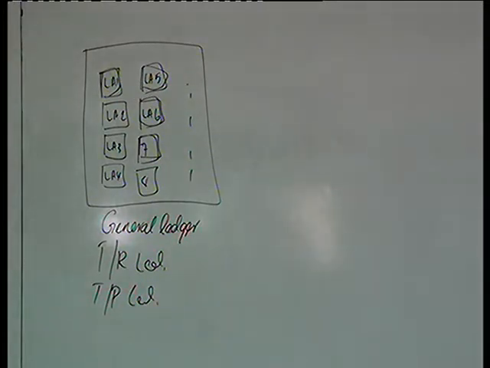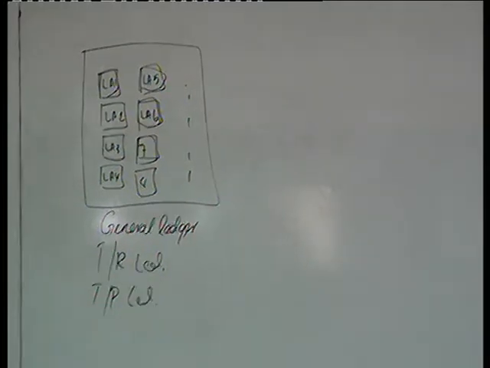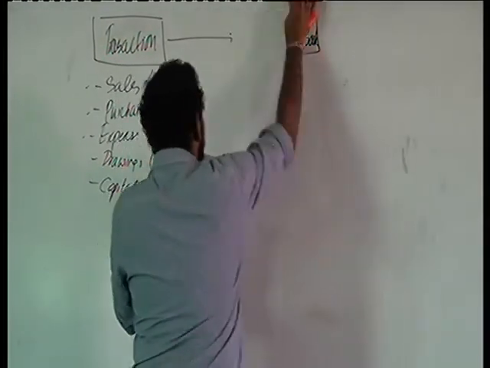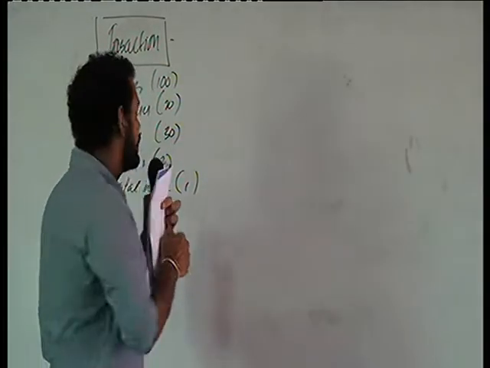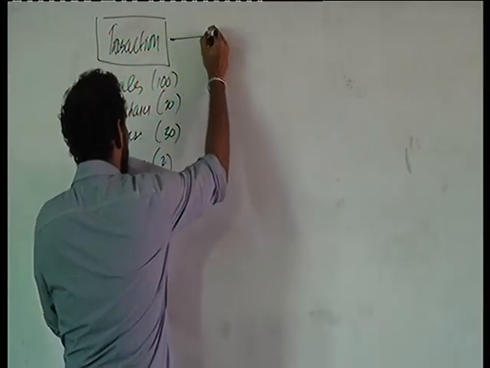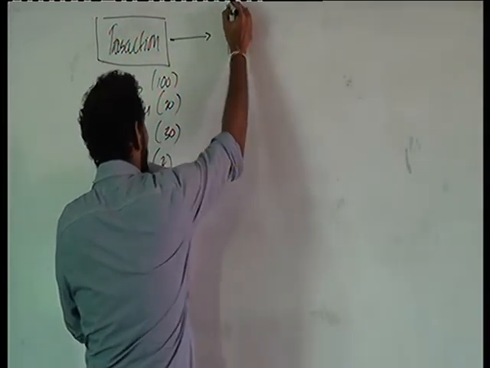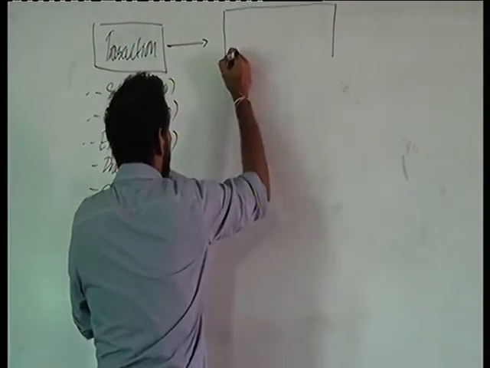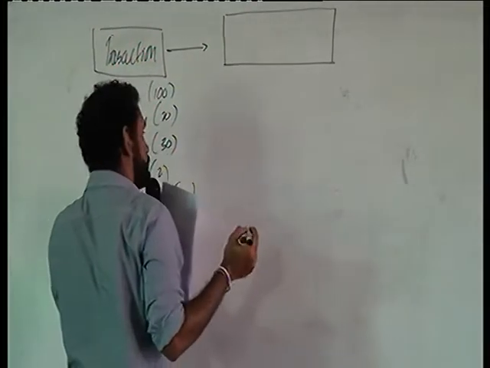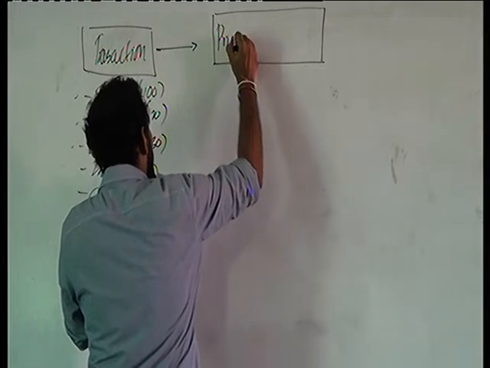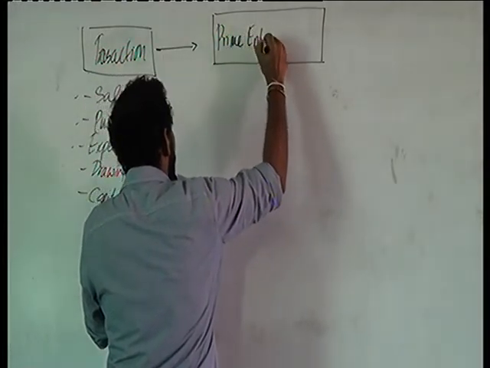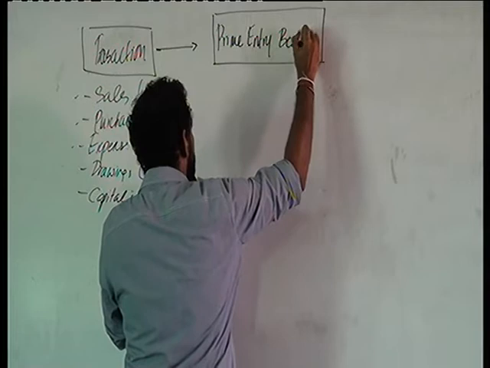So here we have a number of transactions. And all those transactions, as a first step, the company and the staff will summarize and record this, or basically take note of this in the prime entry books.